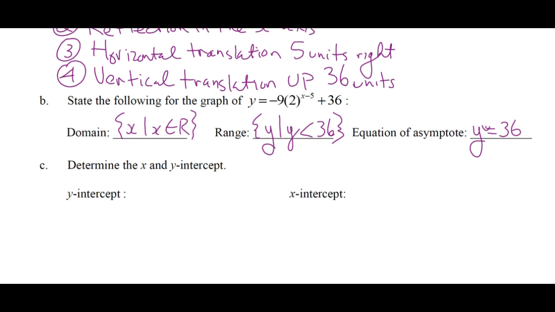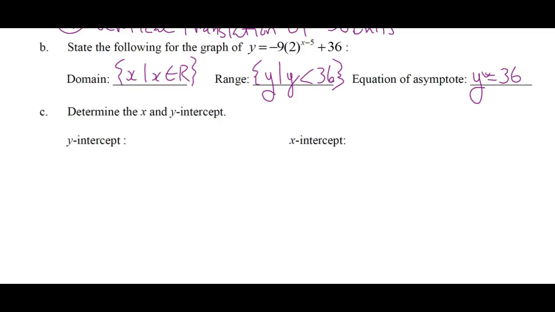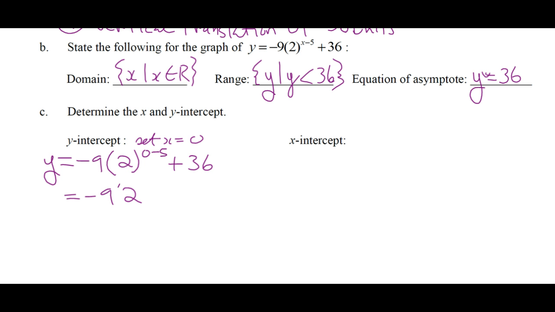Determine the x and the y-intercept. Okay, y-intercept. So we set x equal to 0. So y is equal to negative 9 times 2 to the 0 minus 5, plus 36. Negative 9 times 2 to the negative 5th plus 36. Negative 9 over 32 plus 36.